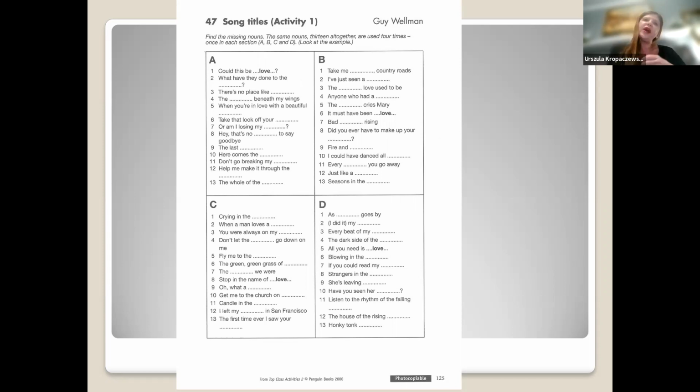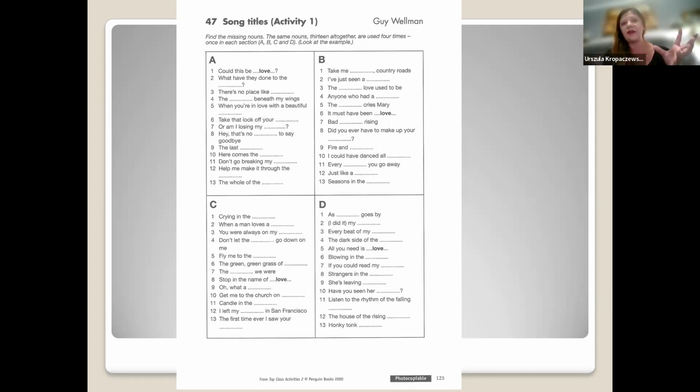They have to fill in the gaps; these are just titles of songs. So students are to work out the titles of songs. Of course, you have to decide how much time students can have to finish the activity. And if they finish, it's okay.